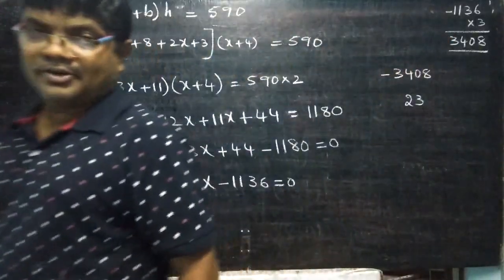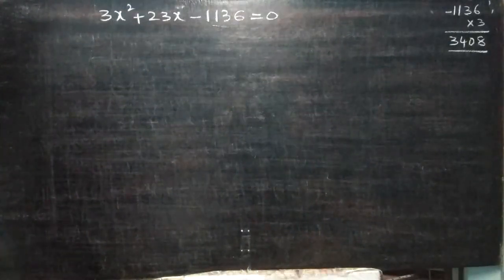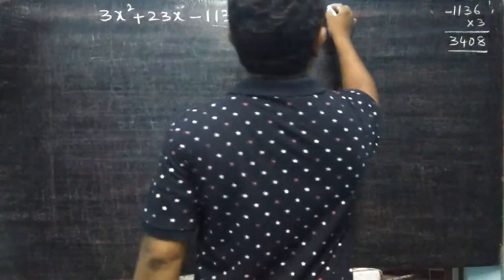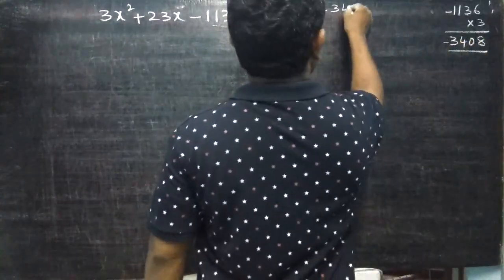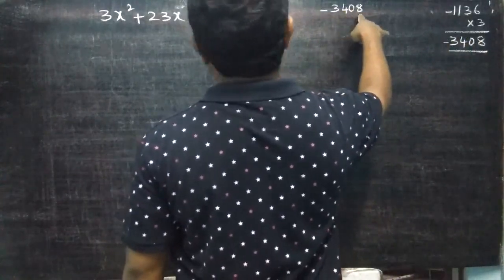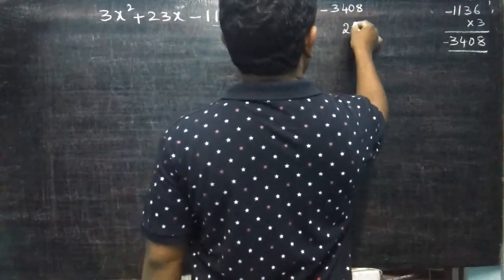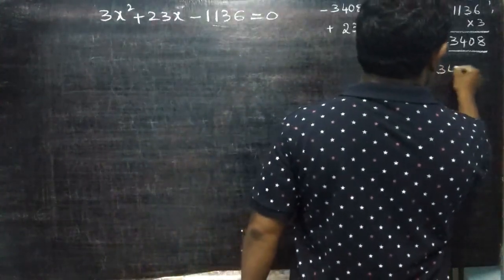In such a way you have to take factors. Are you able to follow? Now we are going to find factors for minus 3408. When we multiply, minus 3408 should come. When we simplify, plus 23 should come. In such a way you have to take factors.